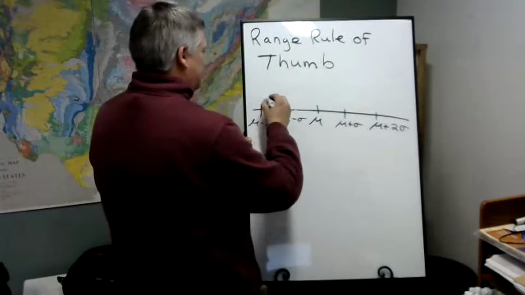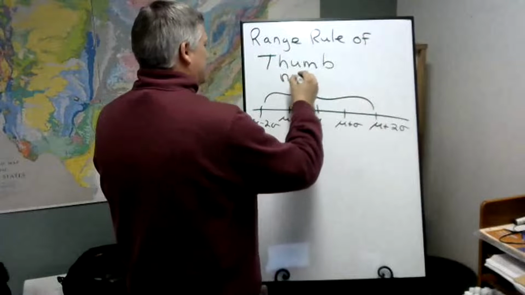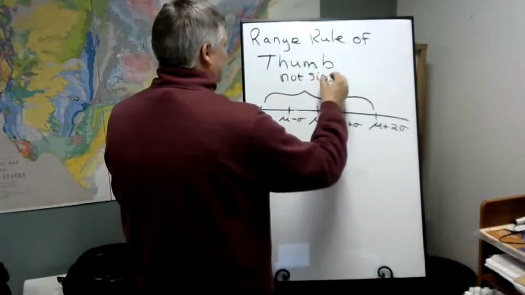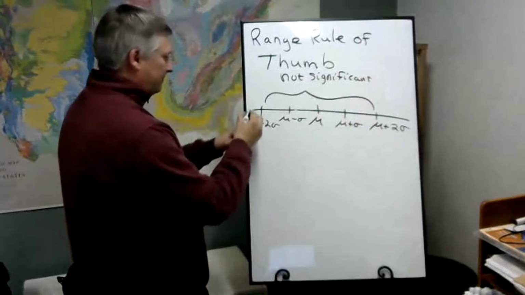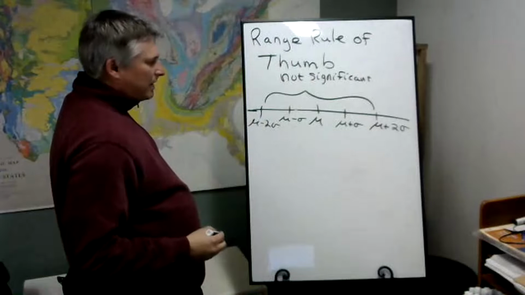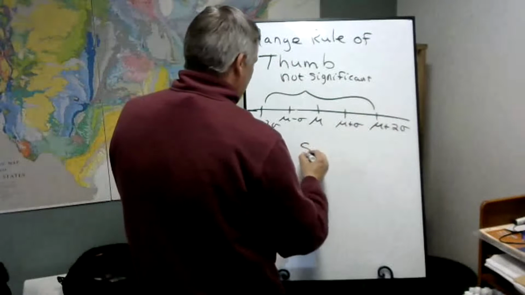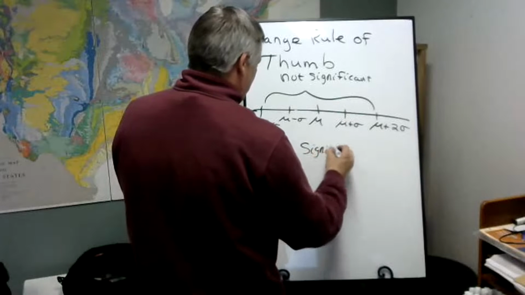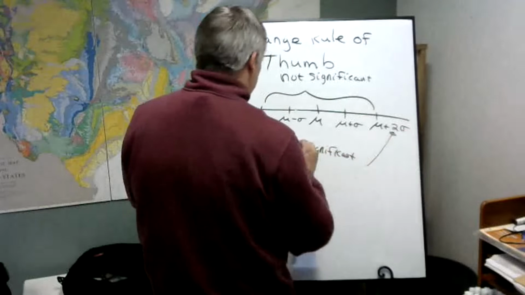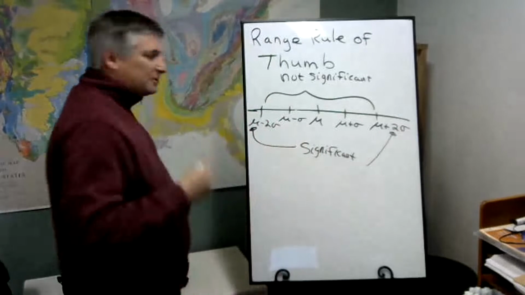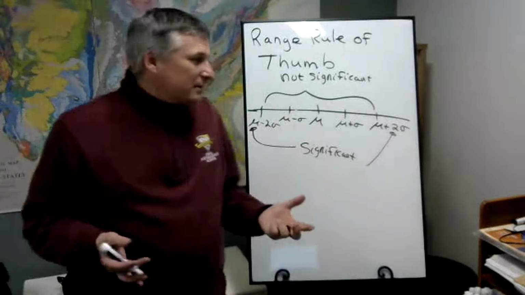So what we say is this: if your data falls into this range, it's not significant. But if your data falls in the wings, then that piece of data is considered significant. You're far enough away from what we normally expect.